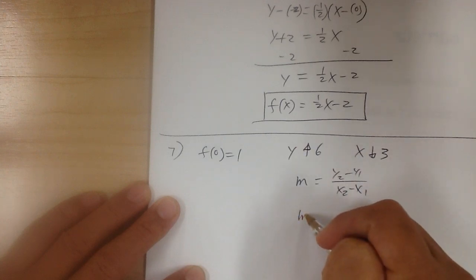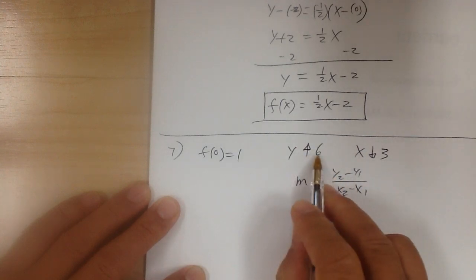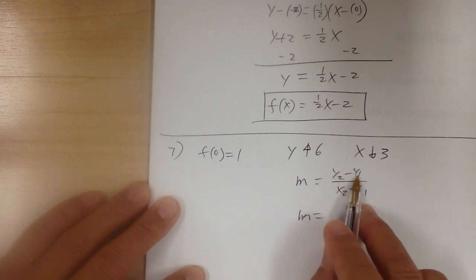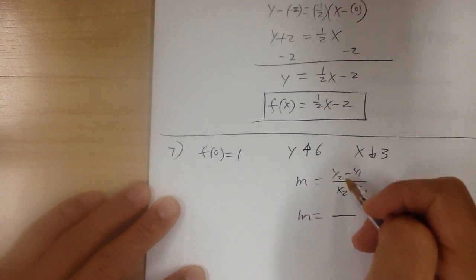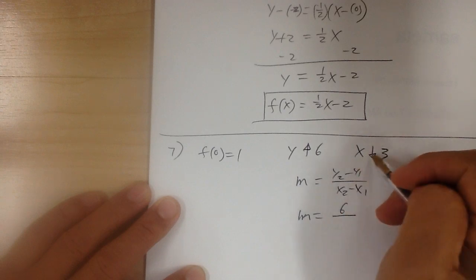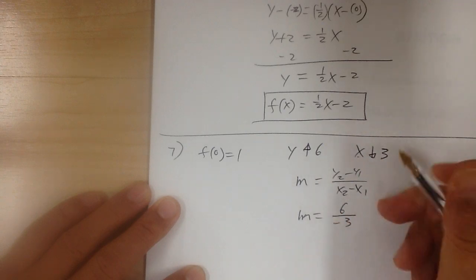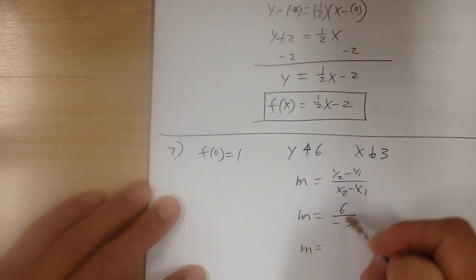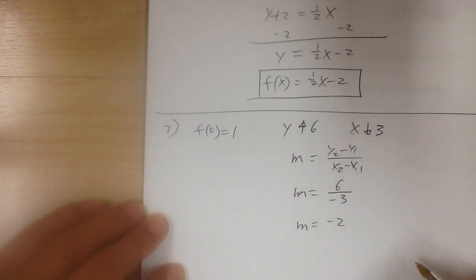When it goes up by 6, the difference is 6. Y is on the top, and when it goes down it's negative. Going up is positive, going down is negative. So this tells you that the slope is equal to negative 2.